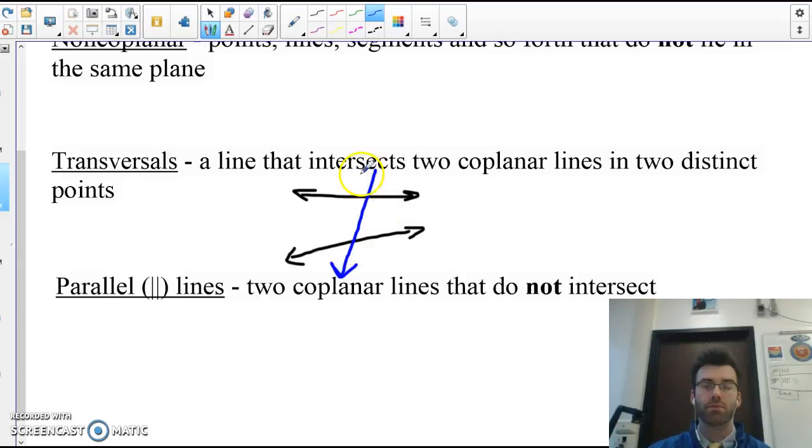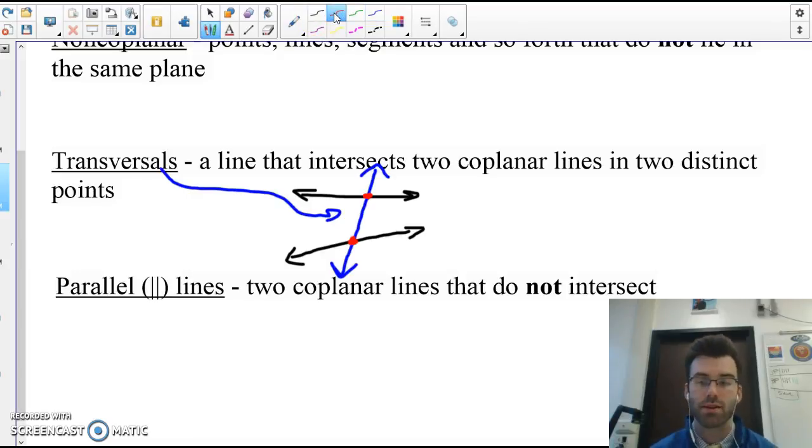This blue line intersects both of these lines. This blue segment is our transversal.